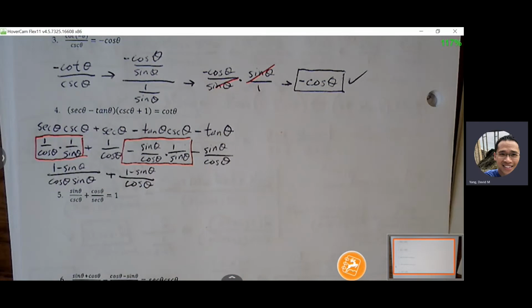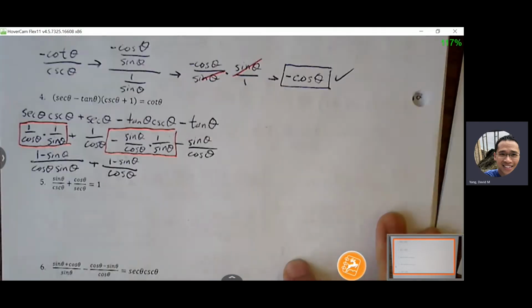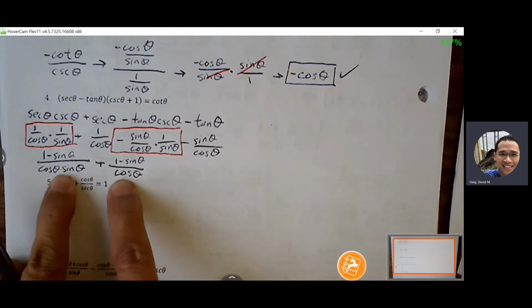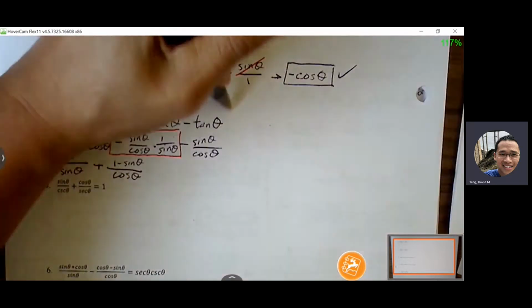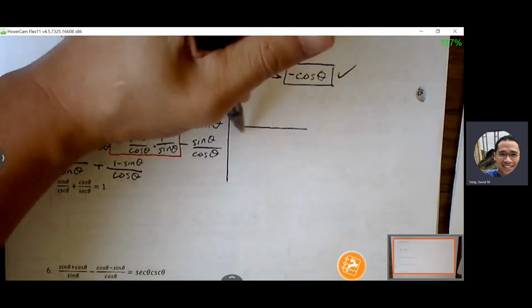But ultimately, I'm still sitting at 2 fractions with different denominators. So what's my common denominator that will allow me to merge these 2 fractions together? I need both a cosine and a sine, right?